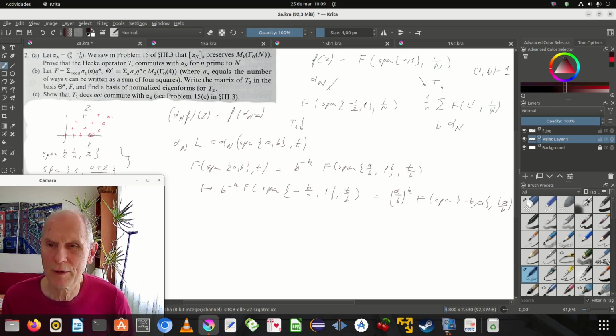And whichever, then this is the same lattice, but we have a new point. And a terrible factor here that we need to take into account.